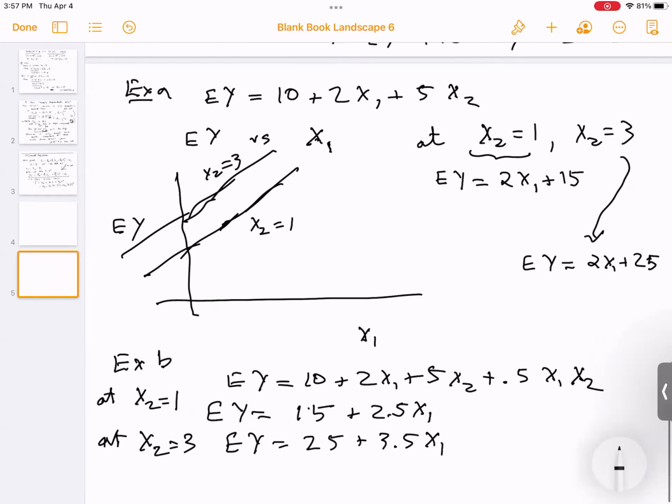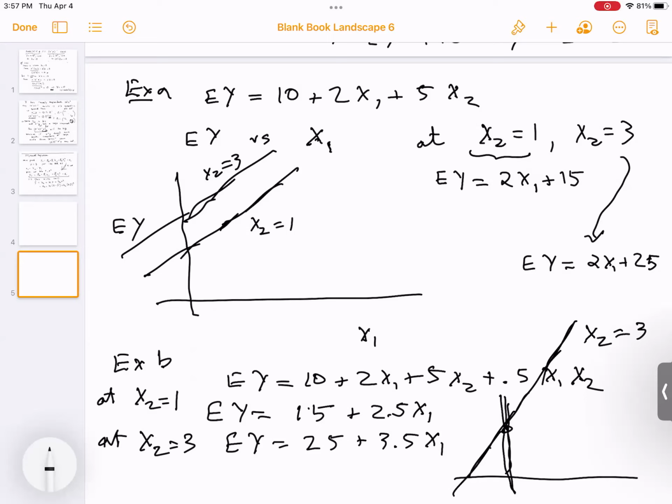And so we get something like this. Okay, so the slope is larger, it's increasing faster, so it's maybe like this. This is if x2 equals 3. Here's E(Y) over here, here's x1, and this would be down here.